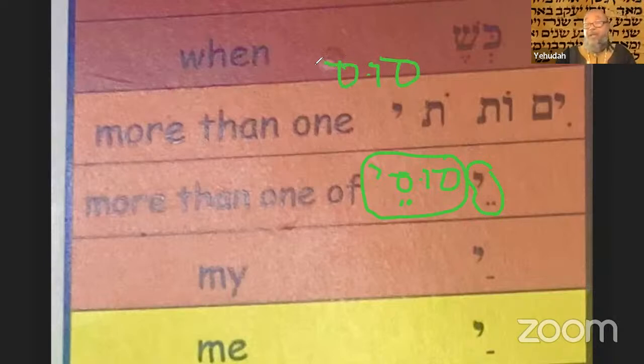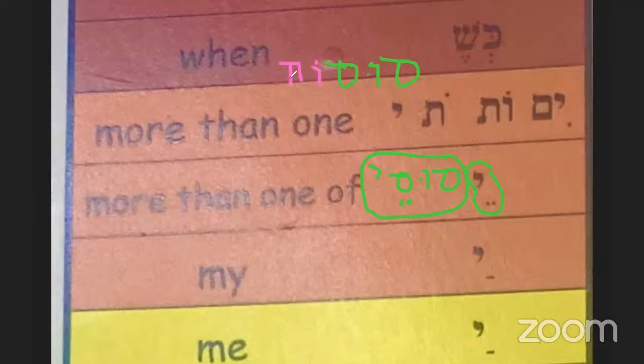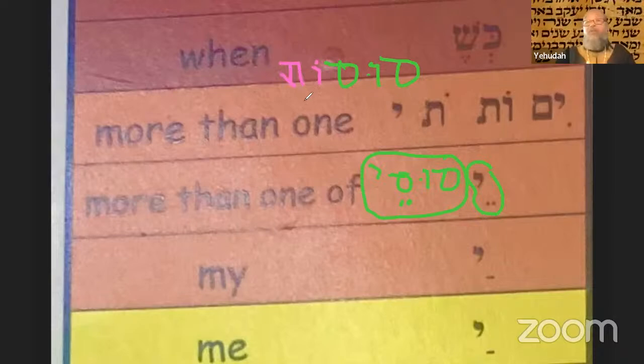If they were male horses, susim. If they were female horses, what would I use? Susa. Susot. Oh, for feminine, I'm talking about plural. Yes, good job though. It would be susa if it was one horse. Good job, Lucas. It'd be susa if it was one.